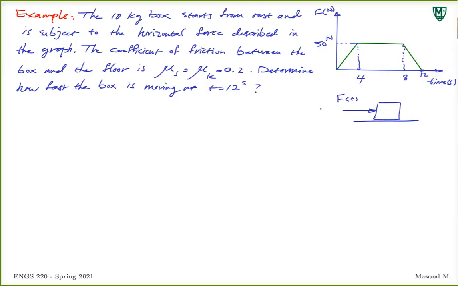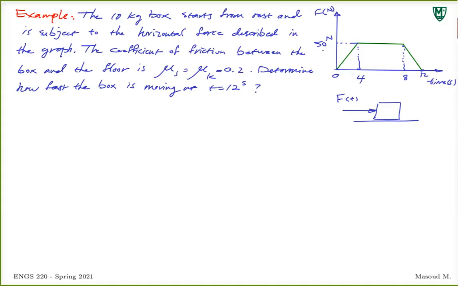All right. So the force starts from 0 right there and keeps applying, it goes up and gets to 50 newtons. It stays constant from 4 to 8 seconds, and then it goes down to 0, becoming 0 at 12 seconds. Now, where is the trick?